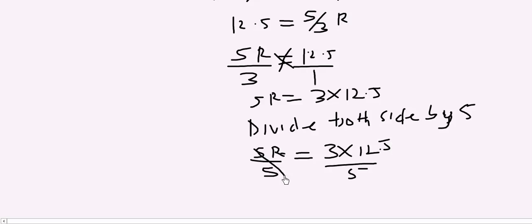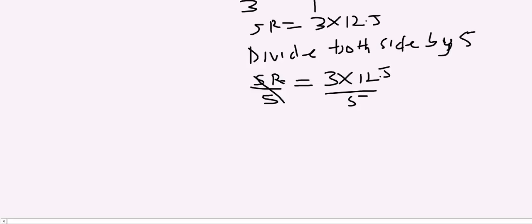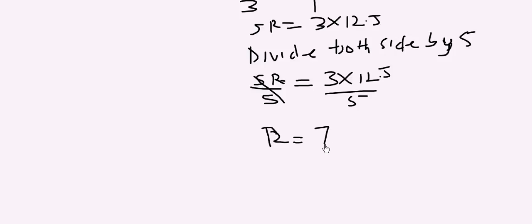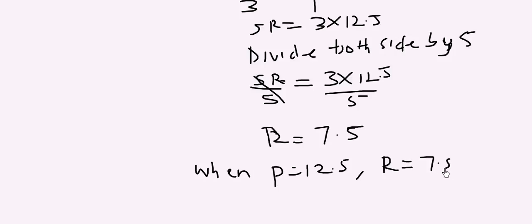So R simply becomes 3 times 12.5 over 5. That will give me 7.5. So R here is equal to 7.5. So when P is equal to 12.5, I can see R is equal to 7.5. So this is the solution and how to solve questions involving direct variation.